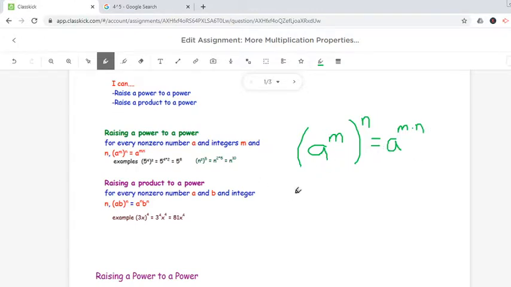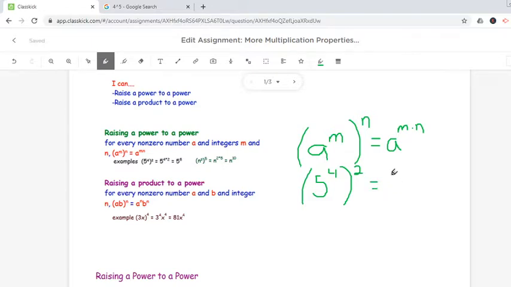Another example would be we have 5 to the fourth, to the second. So a power to a power.